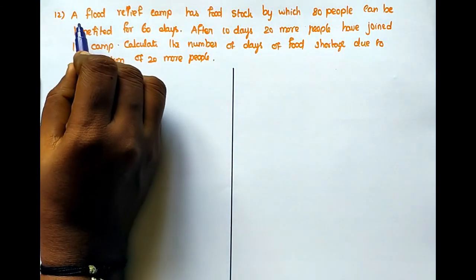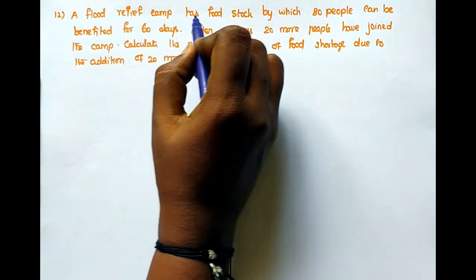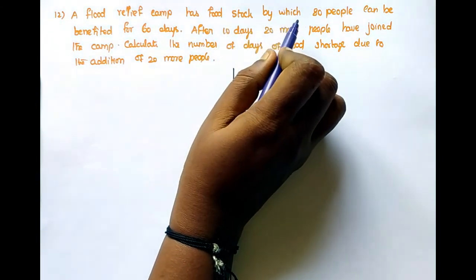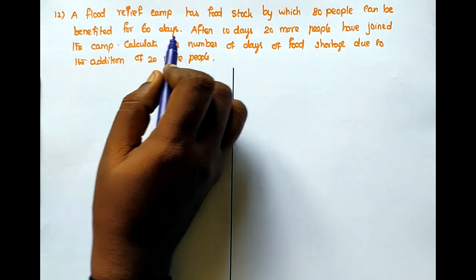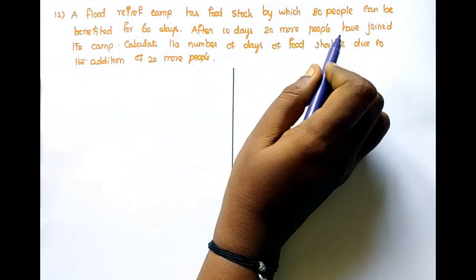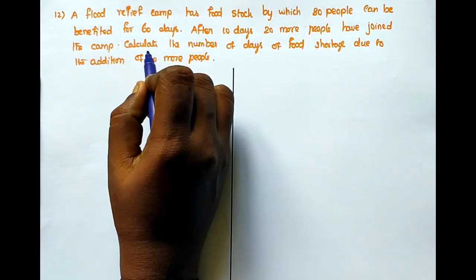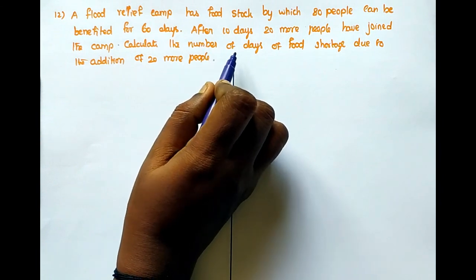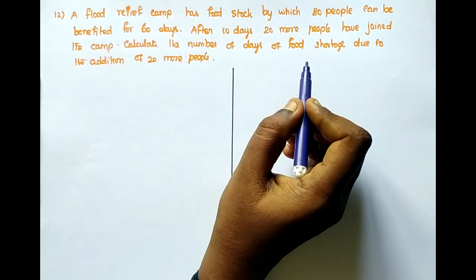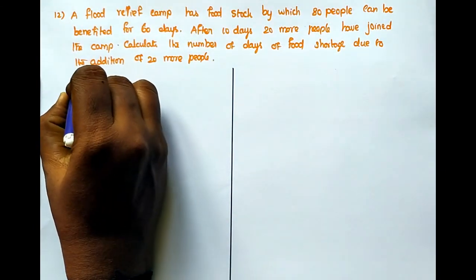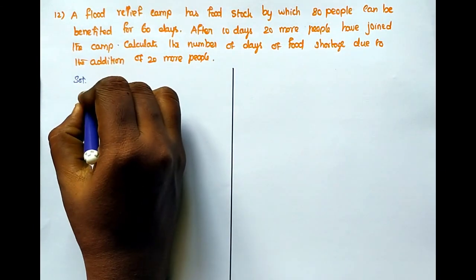12th sum. A flood relief camp has food stock by which 80 people can be benefited for 60 days. After 10 days, 20 more people have joined the camp. Calculate the number of days of food shortage due to the addition of 20 more people. Listen.